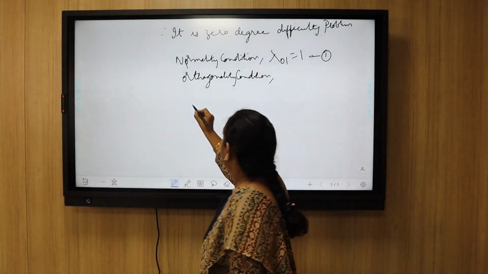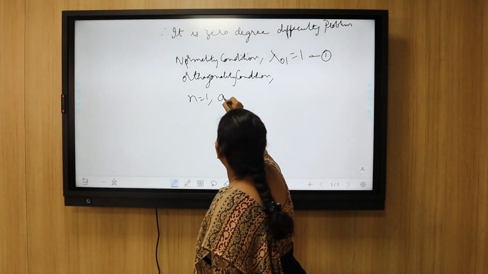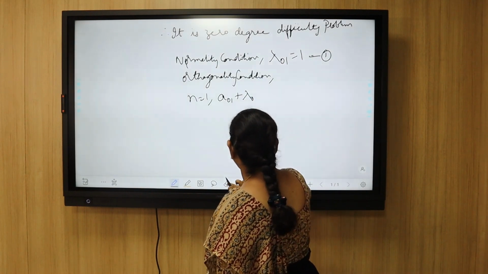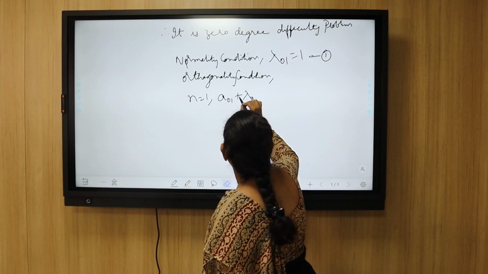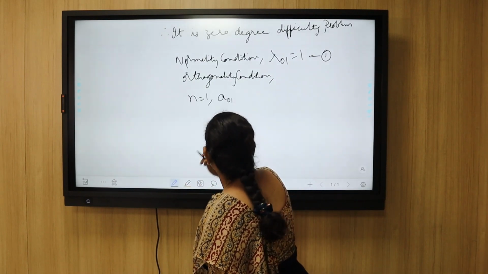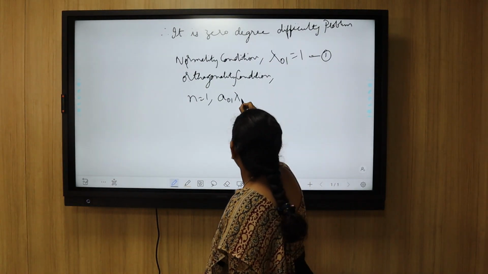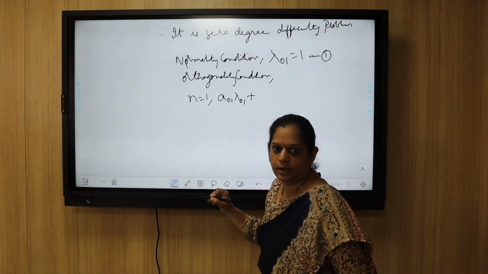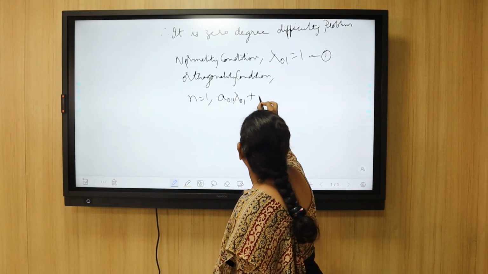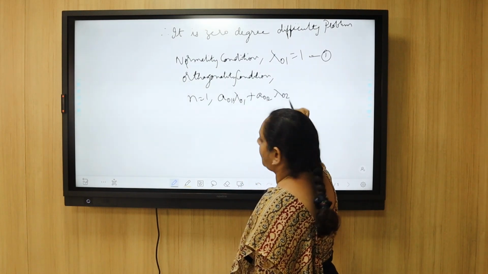So we'll get, for n equal to 1, a011 lambda 01 plus a012 lambda 02.